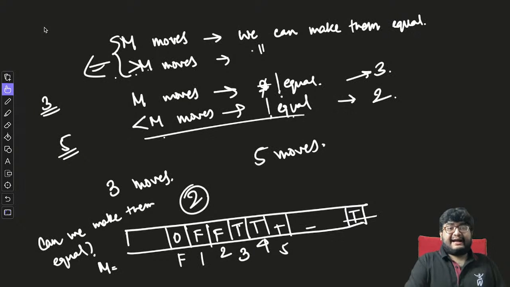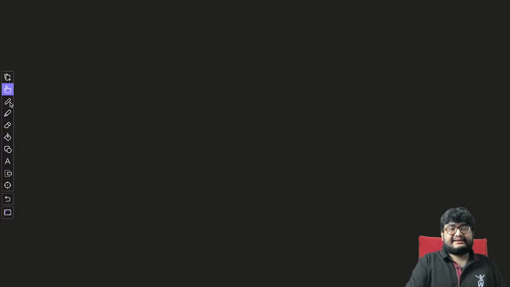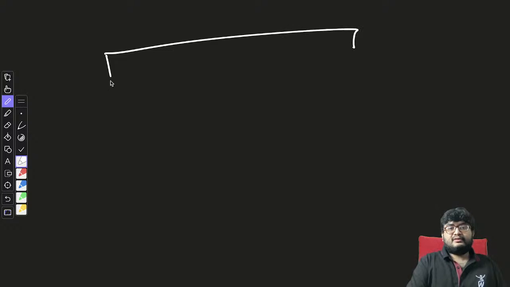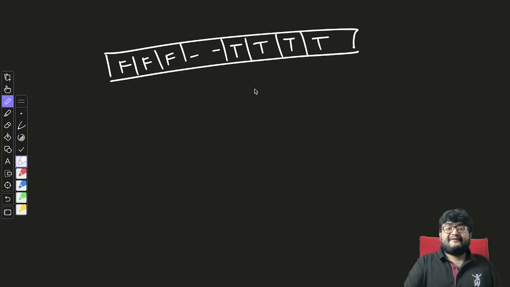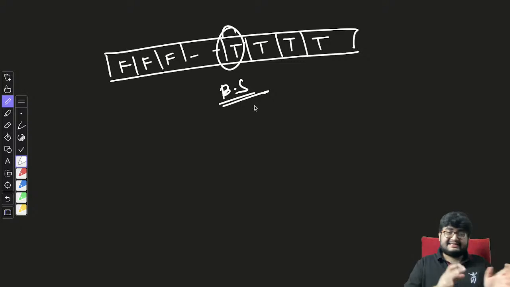Now if we have an array like this, where we have some false, and after that we'll start having true, how can we find the first occurrence of true? We can do binary search. This is a monotonic array.